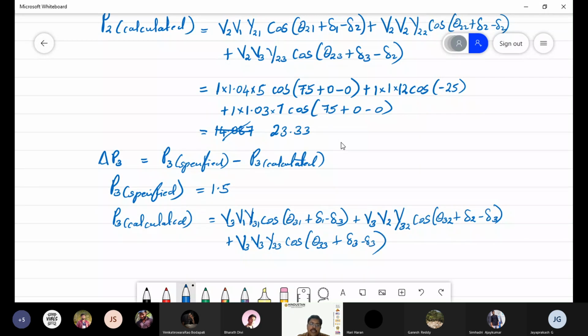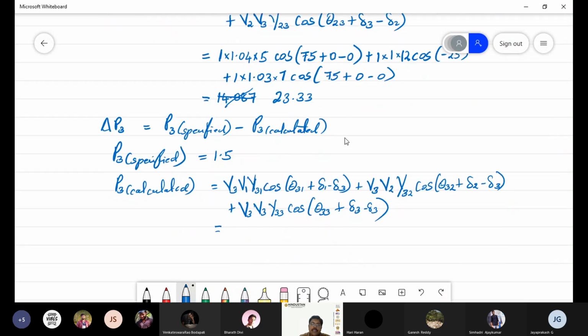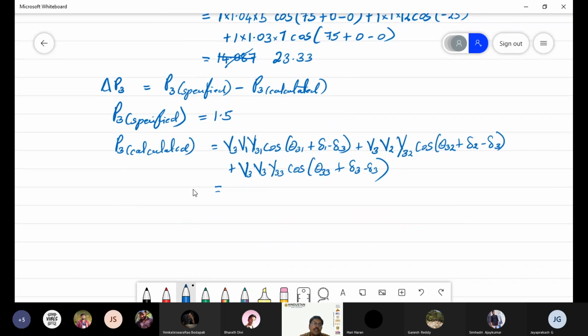So if you substitute all those things, you will get the answer, that is P3. Therefore from that we can find del P3, and both will be over. Please substitute the values here, and similarly you can find the values of Q.